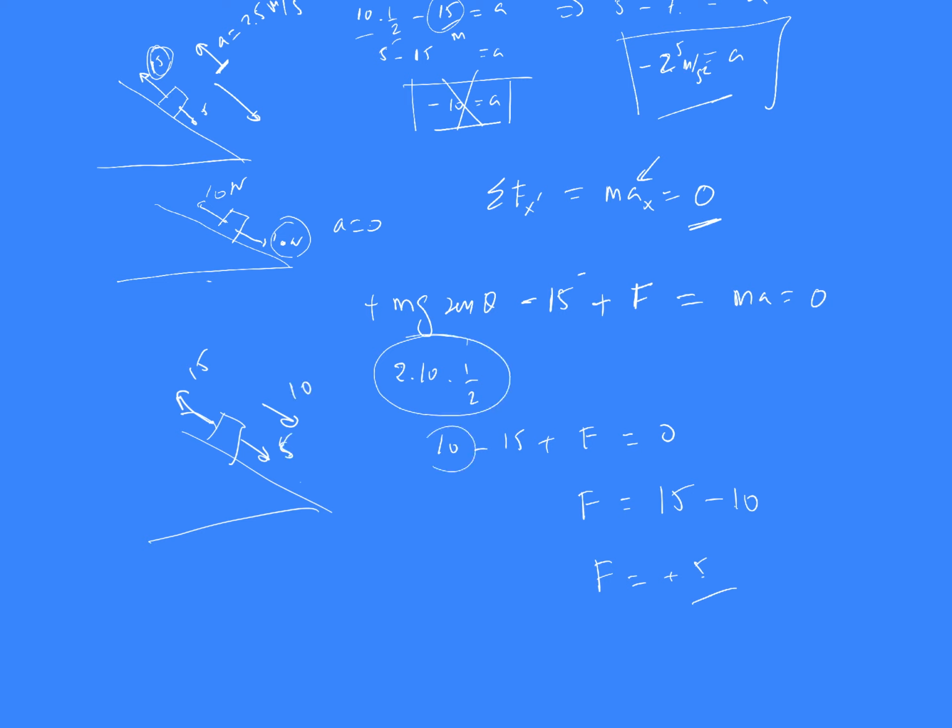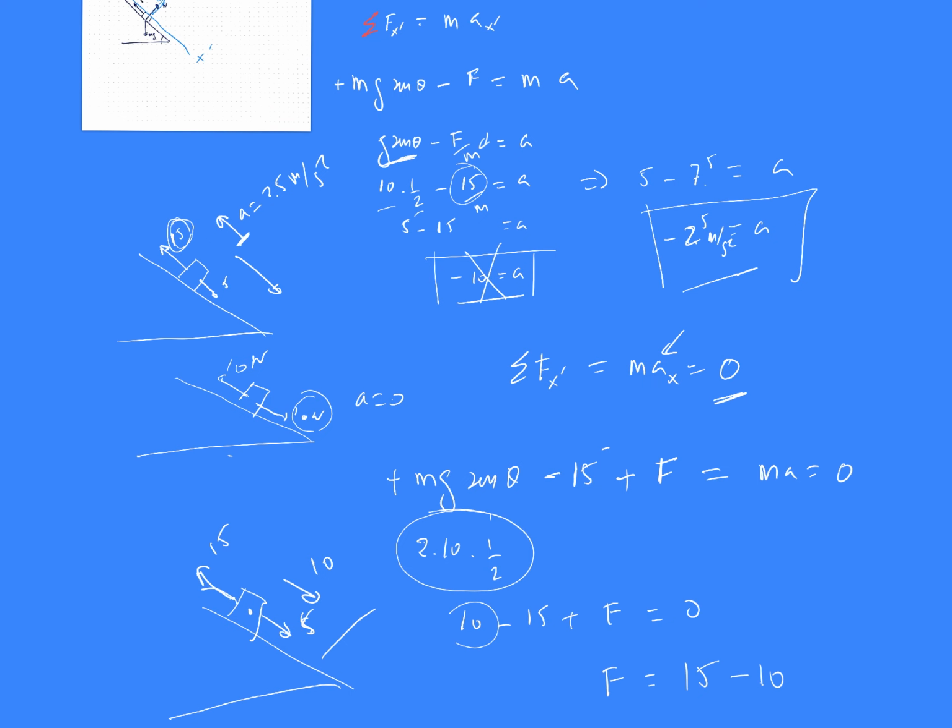So 10 and 5, 15 going downwards, 15 going upwards, acceleration 0. The sum of all the forces is 0, so the problem is correct now. Okay, I'm sorry that I didn't divide by m here. I thought m was 1 kilogram. I'm sorry. Okay, let's go to the next.